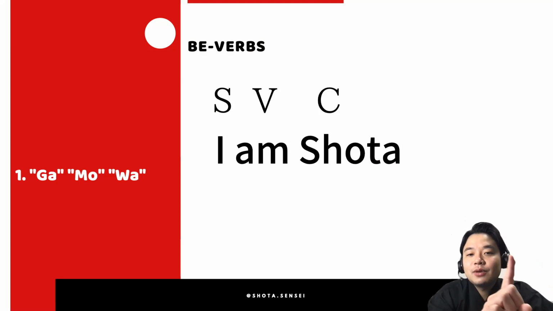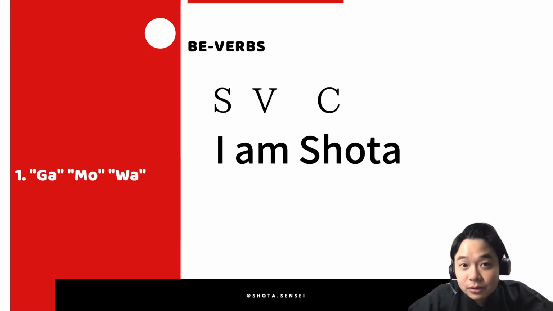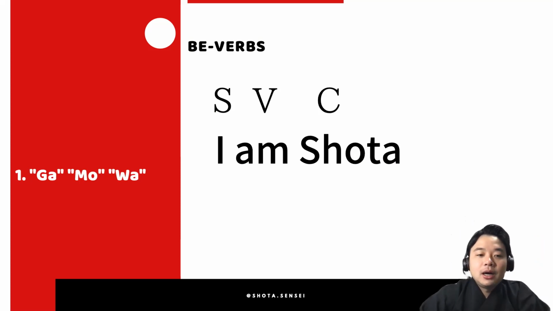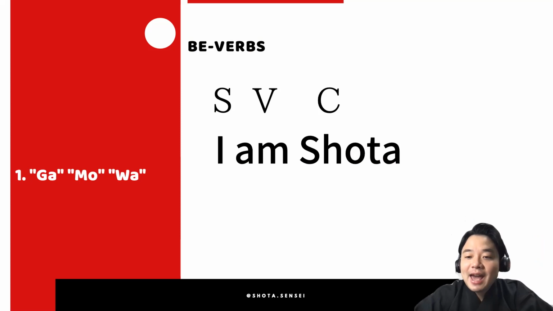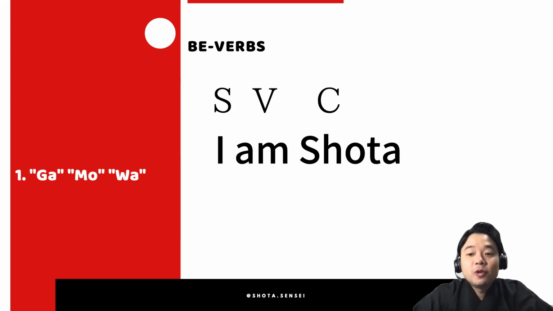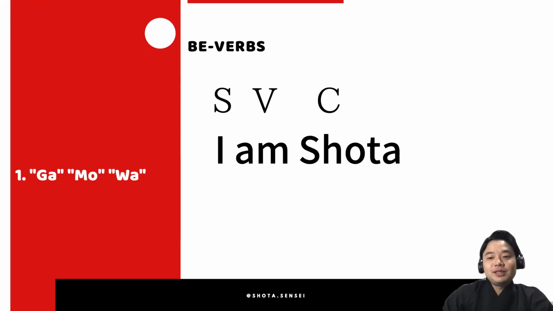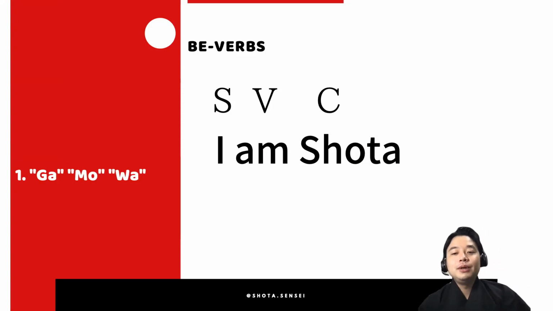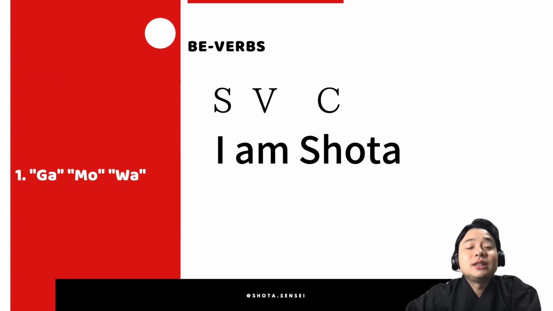The first one is the S, which stands for subject. The subject is I, and then the V, which stands for verb. Verb is to do something or to be someone, right? And today the verb is be.